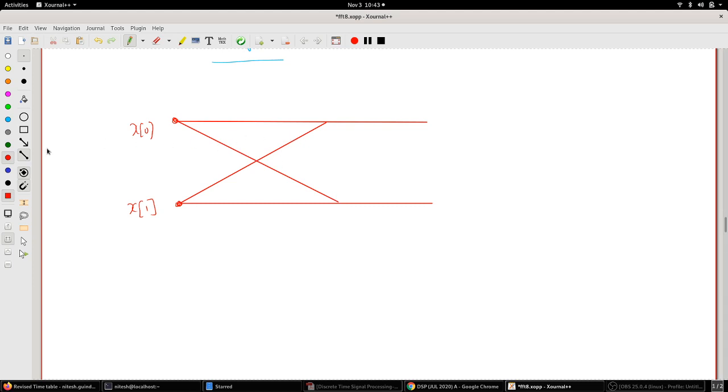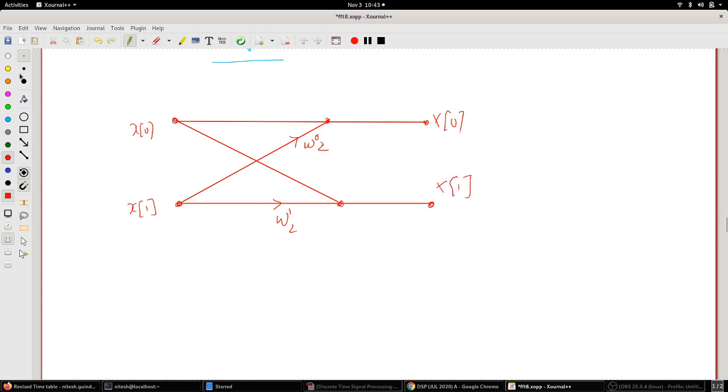This was W0 of 2 and this was given as W1 of 2. Okay, and this was given as your output, which is 0 and 1.